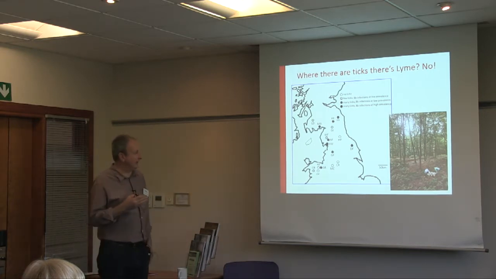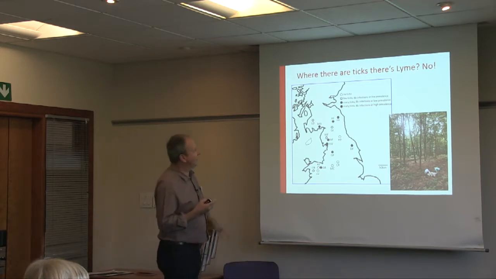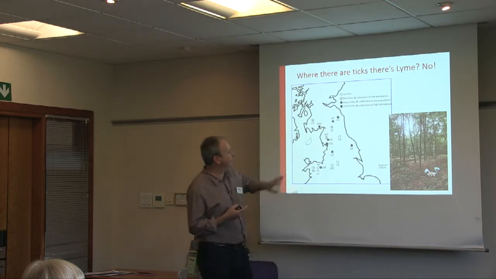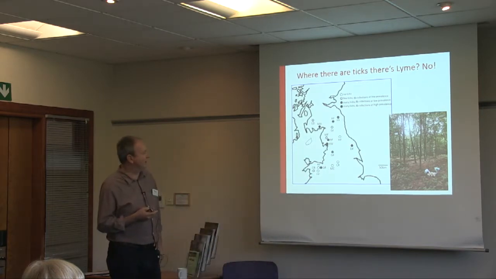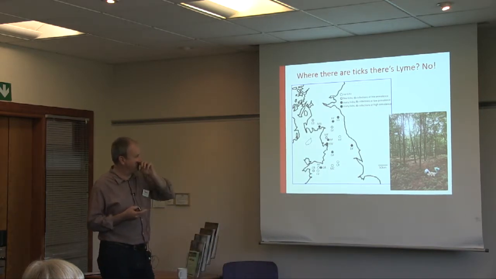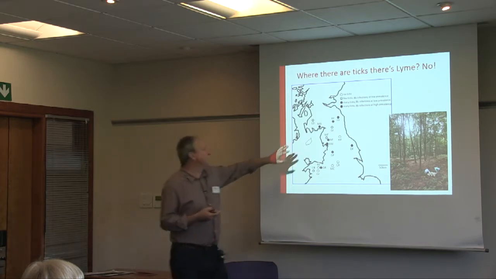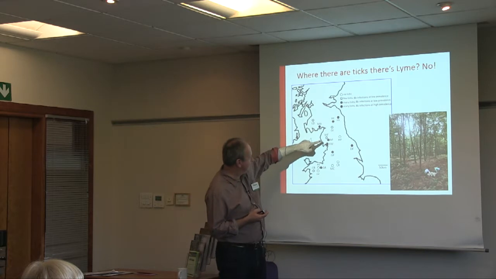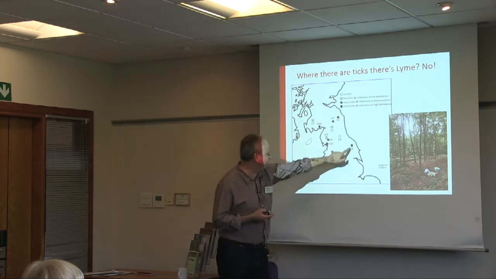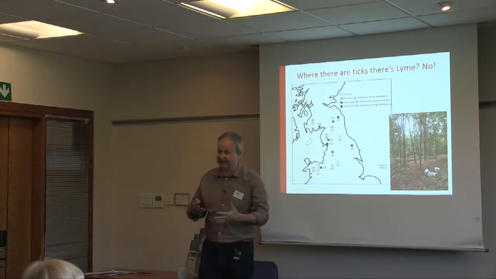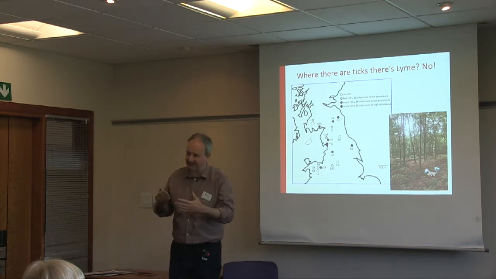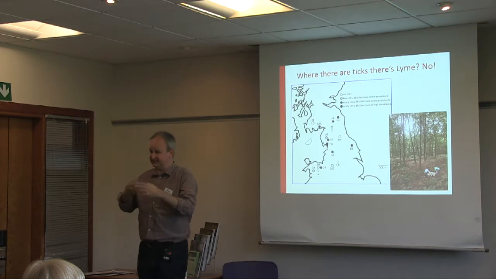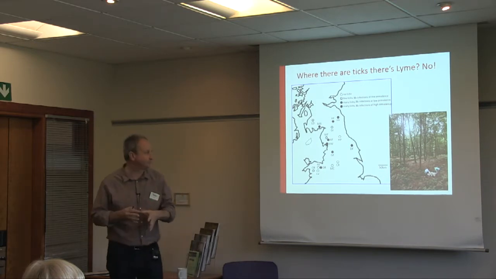We saw there were some places where we have the dark dots, the black dots, sorry, this is a poor figure, I've just realised. But the very dark dots, like here, here, here, and here, we found lots of ticks, and we also found a high prevalence of Borrelia in those ticks, maybe 6, 8, 10% of the ticks infected with the bacterium.